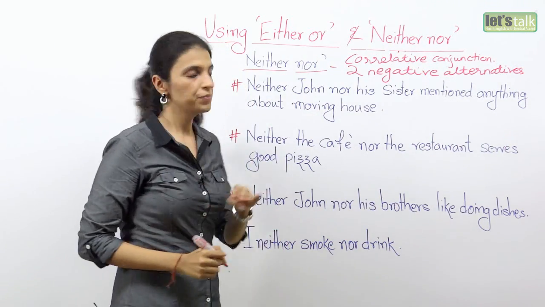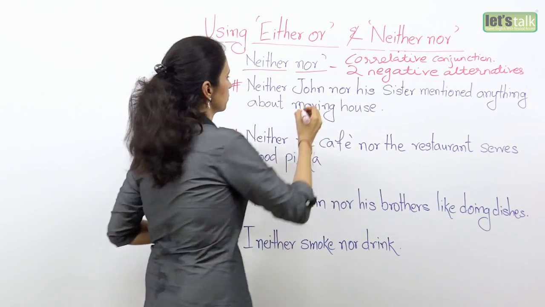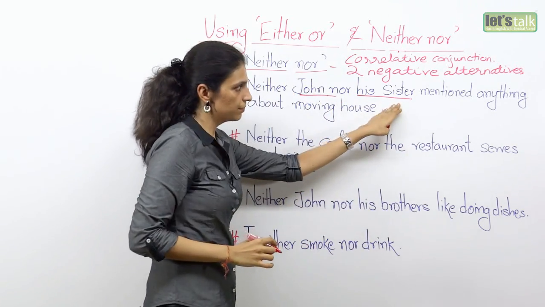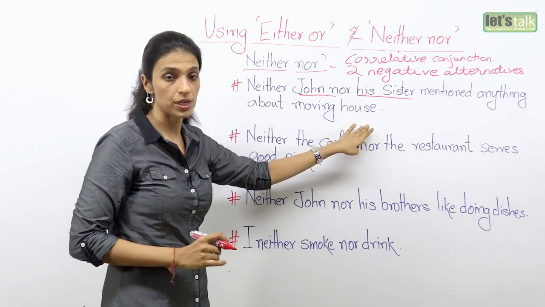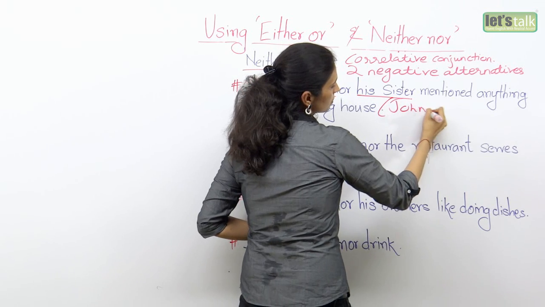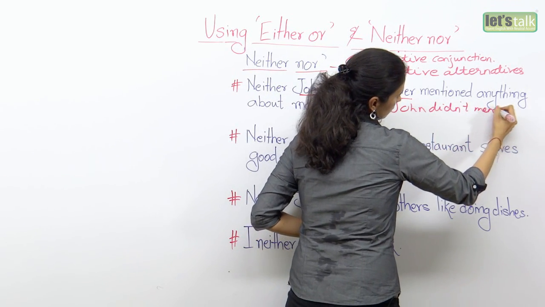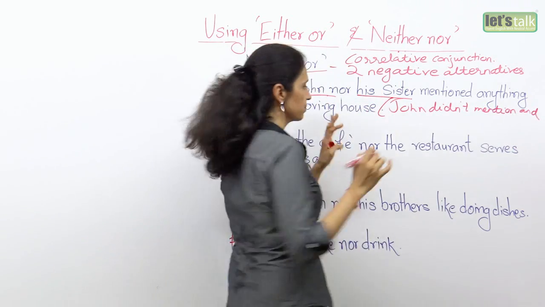So if I say "neither John nor his sister mentioned anything about moving house," I have two negative alternatives. Okay, this means John didn't mention and his sister didn't mention.